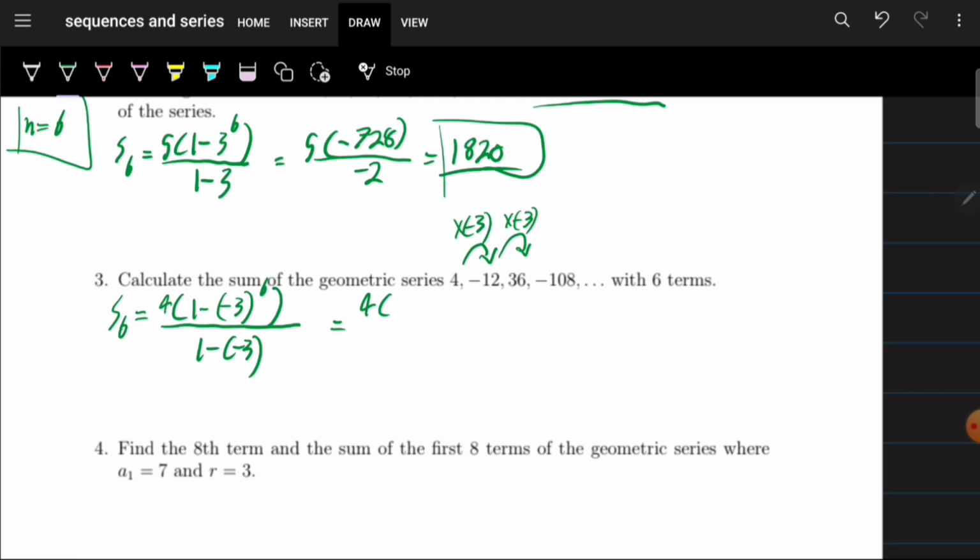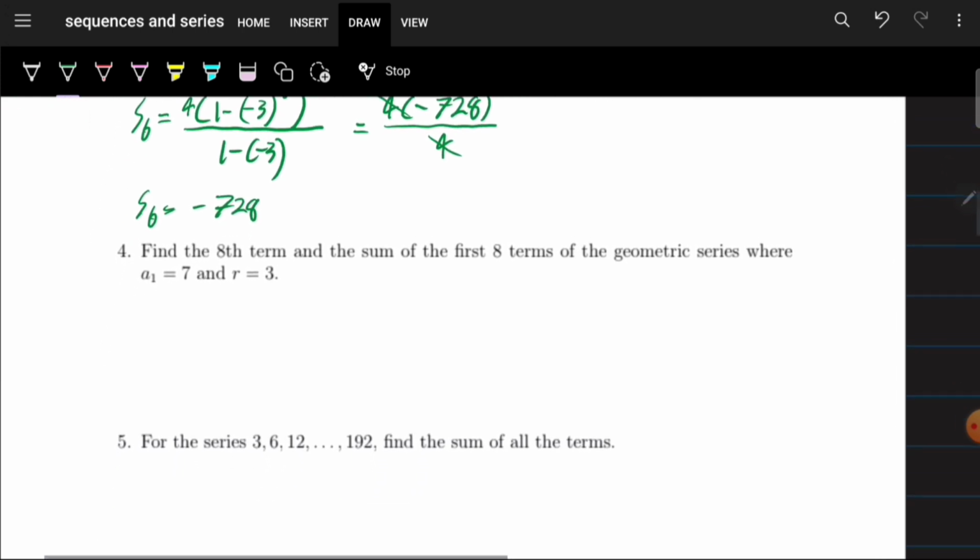So that's 729, and 1 minus that is negative 728. On the bottom, we have 1 minus negative 3. That's the same as 1 plus 3. The two negatives cancel here. So that's 4. Okay, the 4's cancel, and we get that S6 is negative 728.